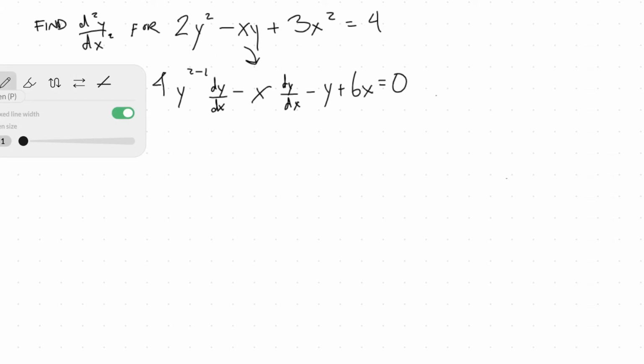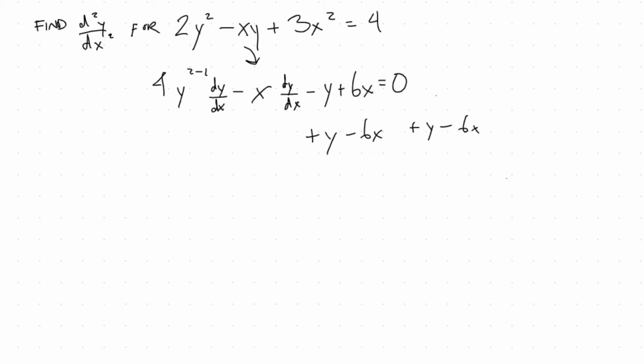My approach is that I'm going to subtract or add anything that doesn't have the dy/dx as part of its term over to the other side. So this is going to be plus y minus 6x. I need those over on the other side. So I'm adding y and I'm subtracting 6x from both sides so that they cancel out and go over to the other side.